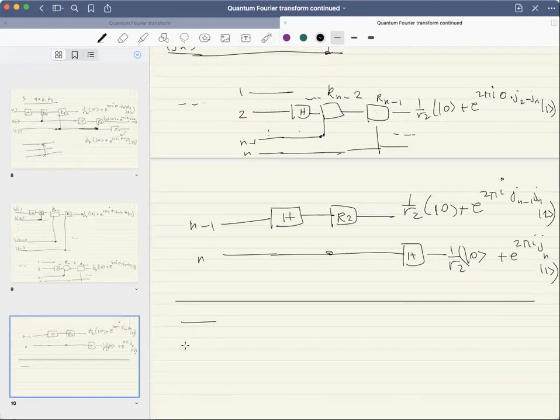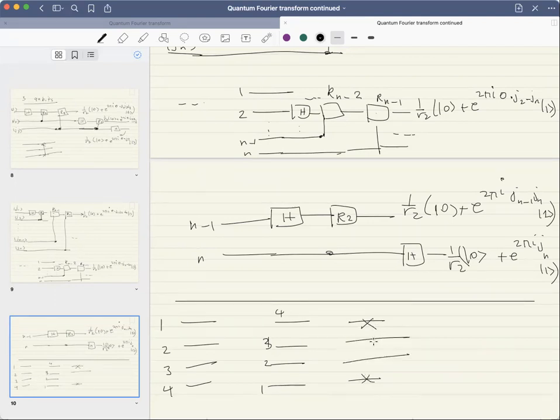Let's say I have 4 qubits, 1, 2, 3, 4. What I get is the correct structure, except it has a 4, 3, 2, 1 order. So what I can do is swap these two and swap those two, and this goes back to 1, 2, 3, 4.